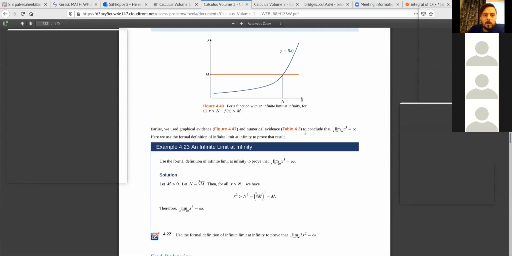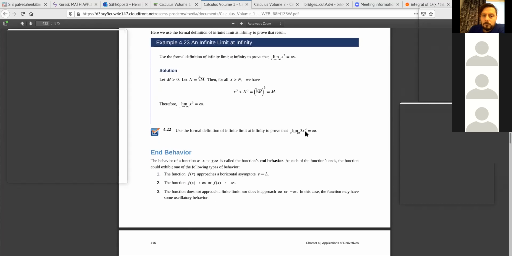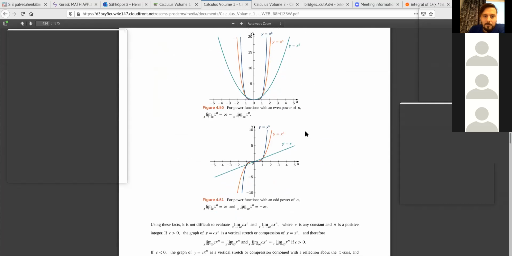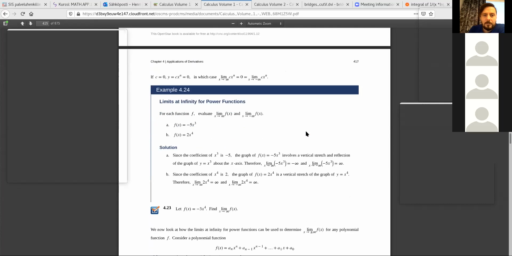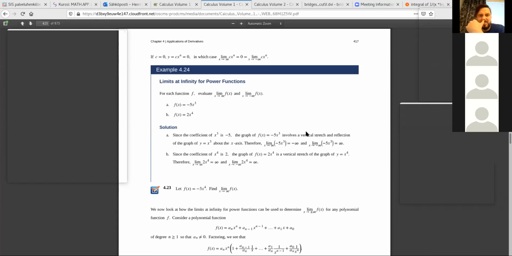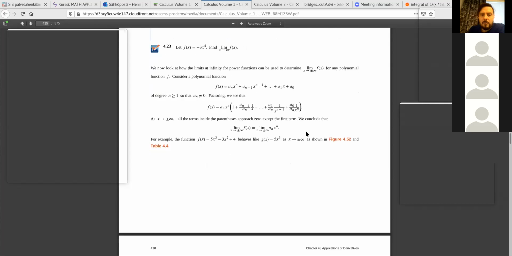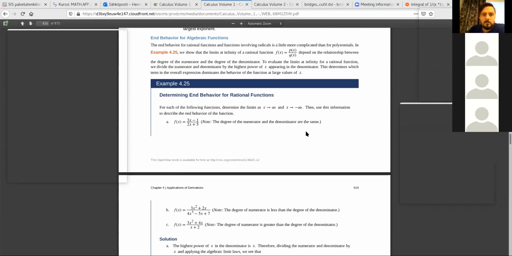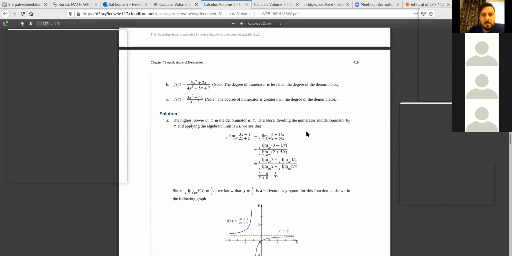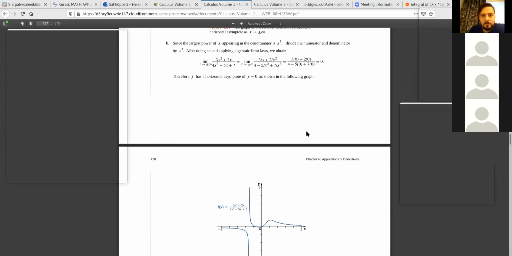So here are some examples, like polynomials going to infinity, power functions, and so on. But then there were situations where, for instance, with 3x squared plus 2x and so forth, you can simplify this, and you get 0 eventually.